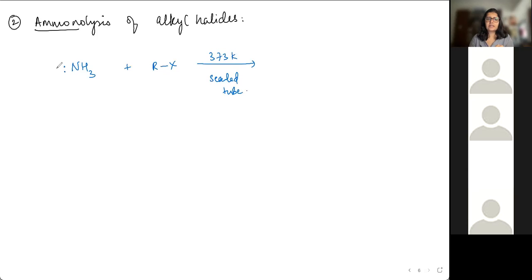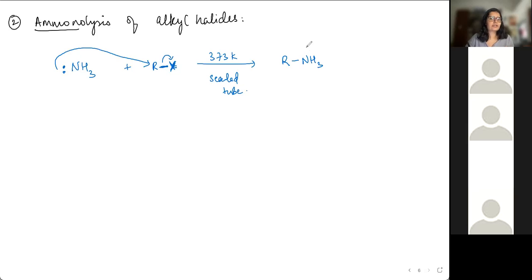So it is a nucleophilic attack. Ammonia being a nucleophile has a lone pair of electrons. Halides are electronegative in nature, so this is going to take the set of electrons and ammonia is going to attack the electropositive alkyl group that's there. So the intermediate that's formed is R attached to NH3.